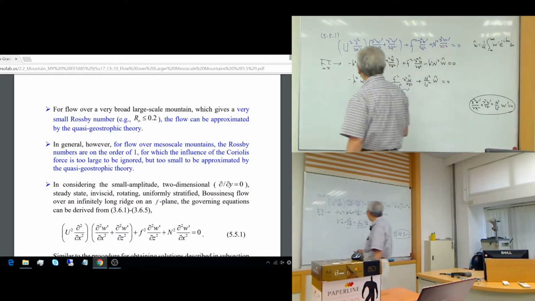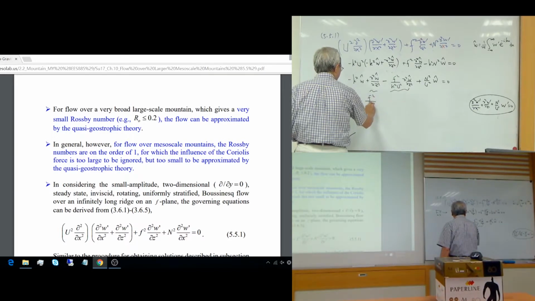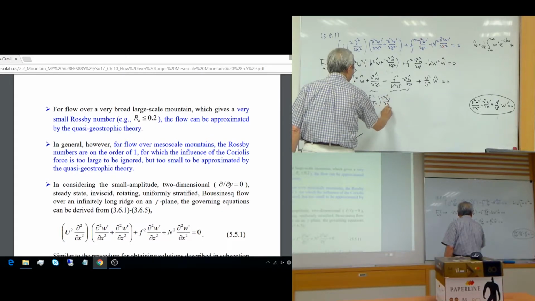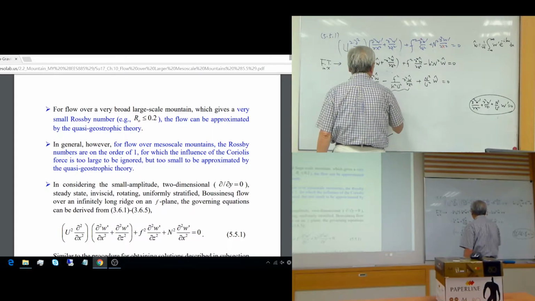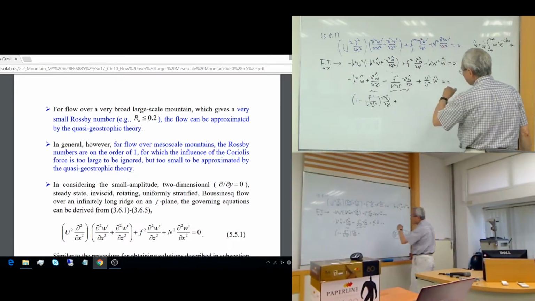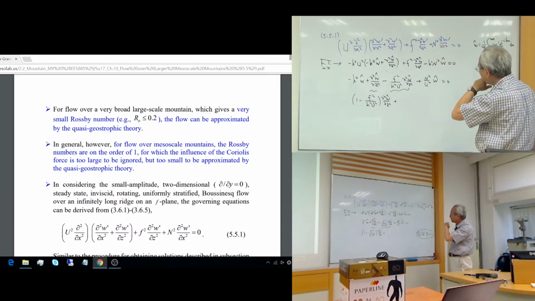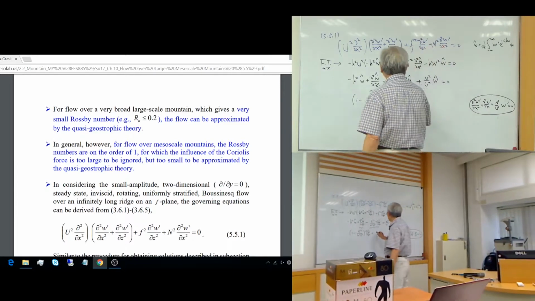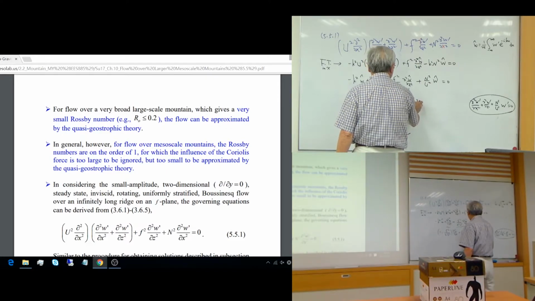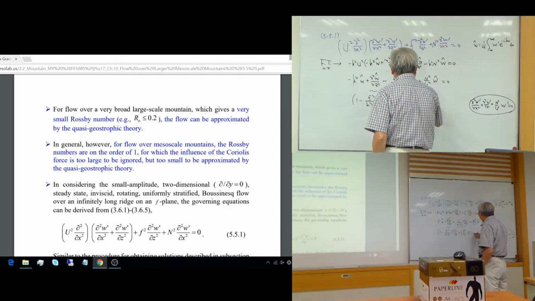So then we have 1 minus f squared divided by k squared times U squared, times d squared w hat over dz squared, and then plus N squared over U squared minus k squared, w hat equals 0.